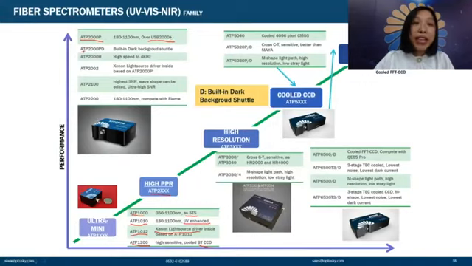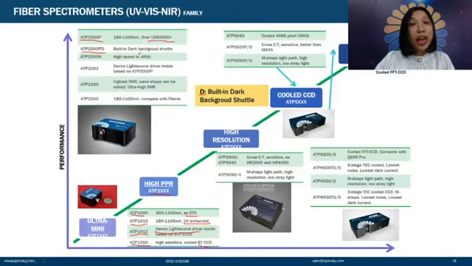And we have the ATP 2000PD. The D indicates a built-in dark background shutter. Because when customers perform measurements, sometimes they want to scan the dark background, but when the light source is on, it's not easy to do.